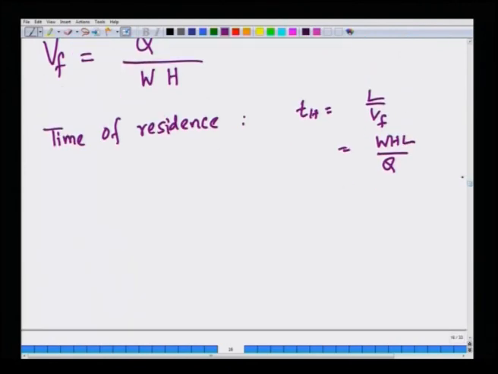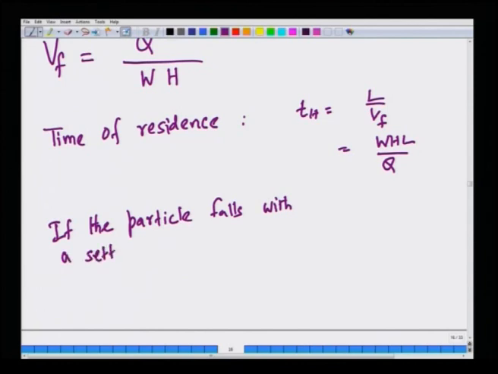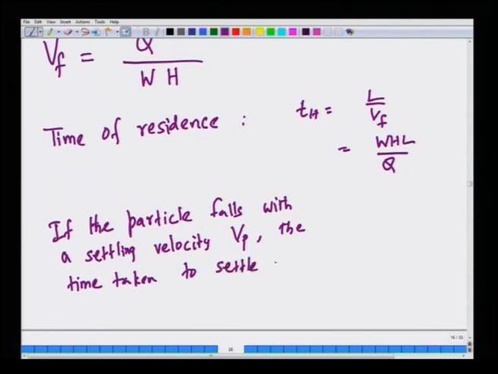Now, if the particle falls with a settling velocity V p, the time taken to settle over a distance h is simply h divided by V p.